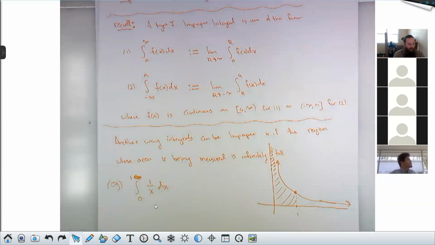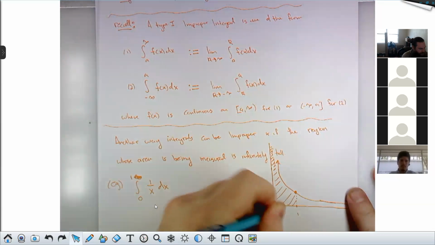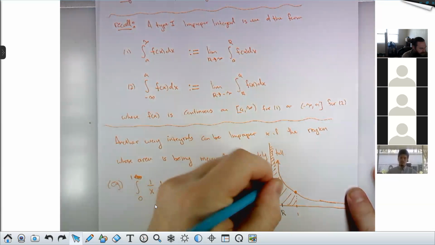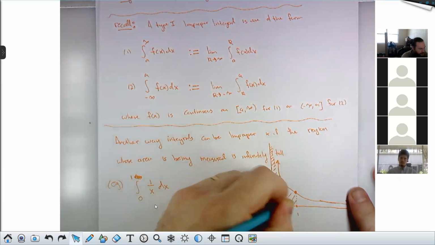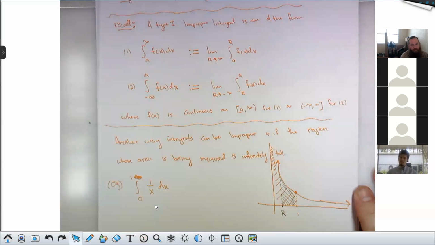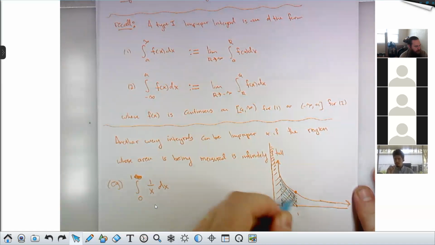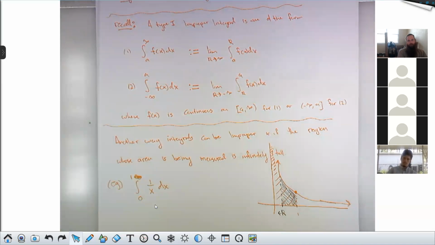The way we handle this is similar to the way we handle type 1 integrals. The problem spot here is at 0. So if between 0 and 1, I chop like this, I can find a formula for the area in this region from r to 1, and then I can send r towards 0.